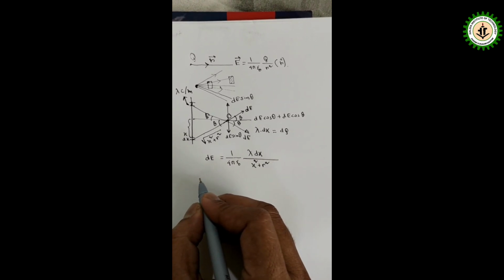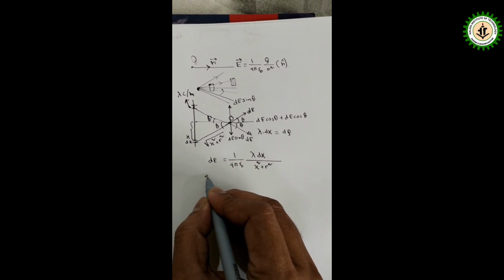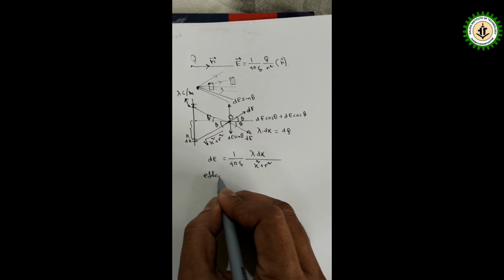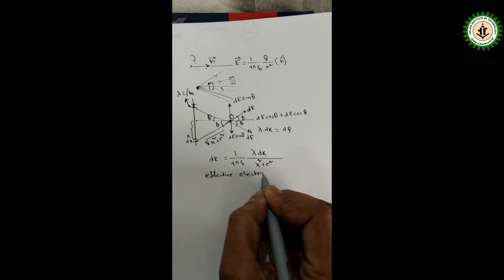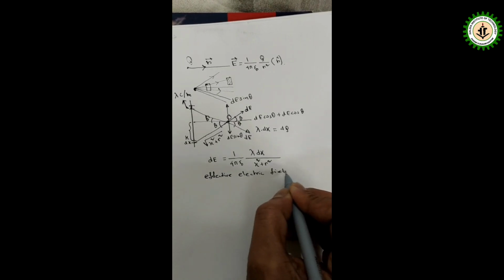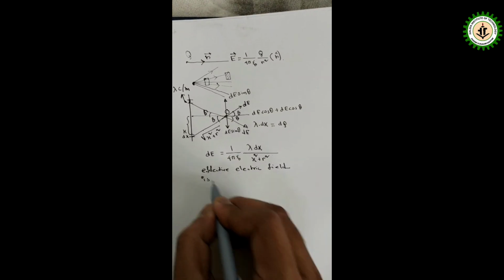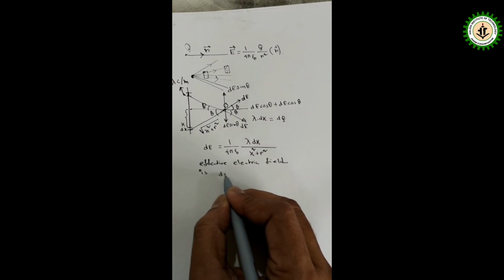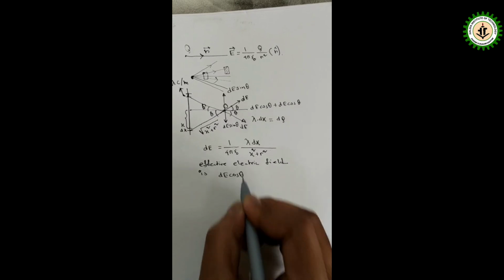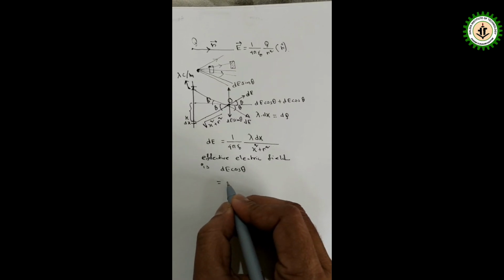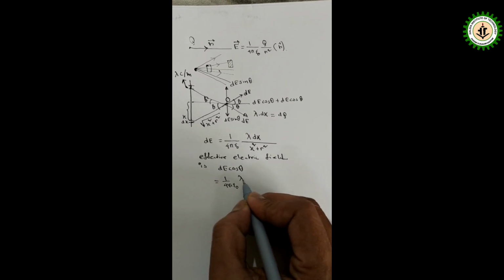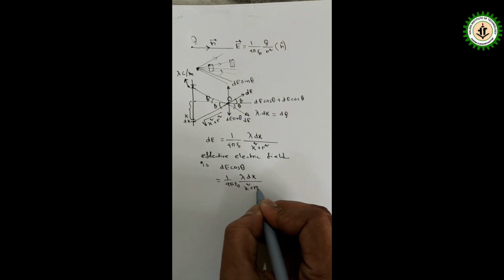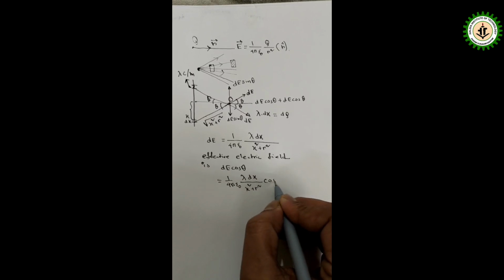So I can write the effective electric field as dE cos theta, and this value equals 1 by 4 pi epsilon naught, lambda into dx by x square plus r square, into cos theta.